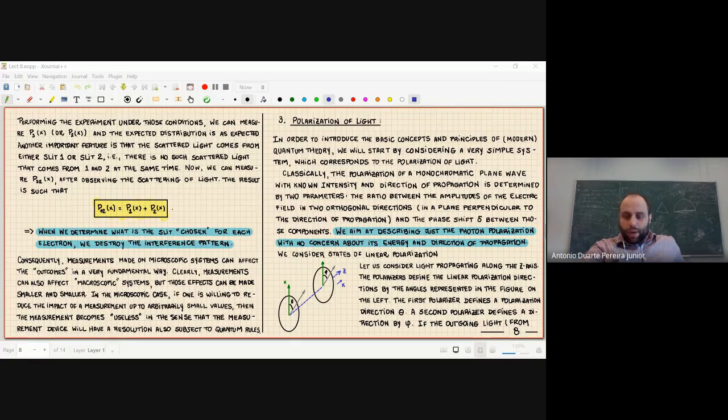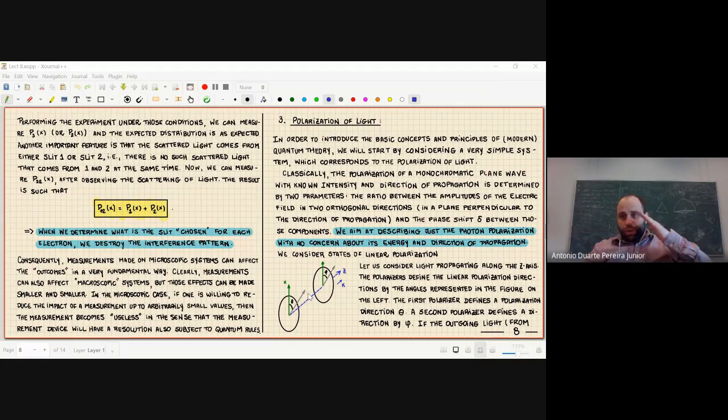The polarizer, you can think of it as a disk on which you open a thin slit, and when you pass light here, the electric fields that are not aligned with this direction are going to be absorbed by the polarizer, while the electric field that oscillates in this direction will pass through.